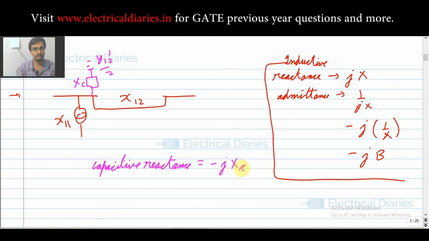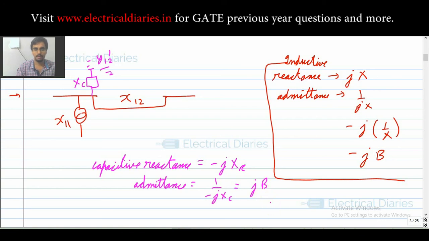1 upon omega c. So your admittance in the case of a capacitor will be 1 upon minus jxc. So it will come out to be minus j 1 upon xc, that is your jb.